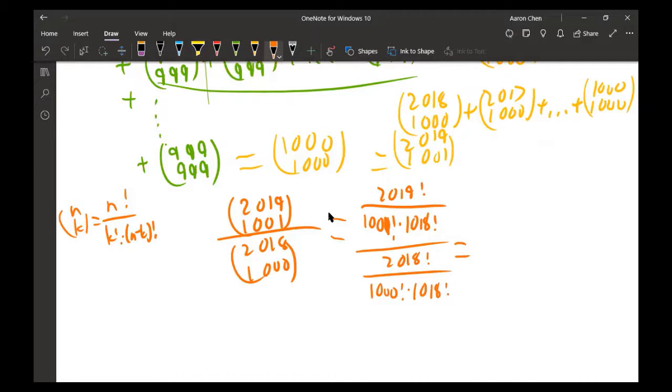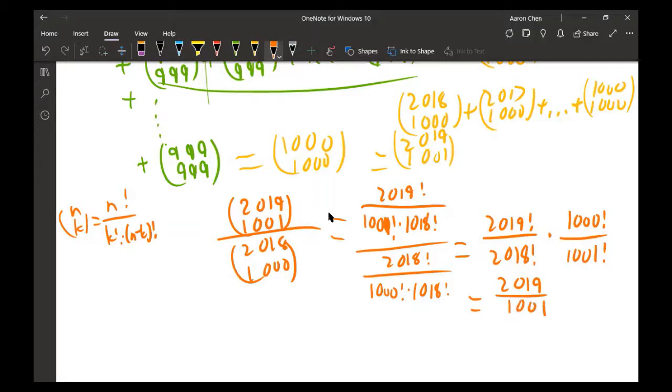And so this is equal to 2019 factorial divided by 2018 factorial times 1000 factorial divided by 1001 factorial. And so this is equal to 2019 divided by 1001. And so that's the answer.